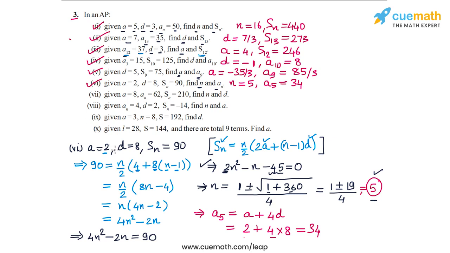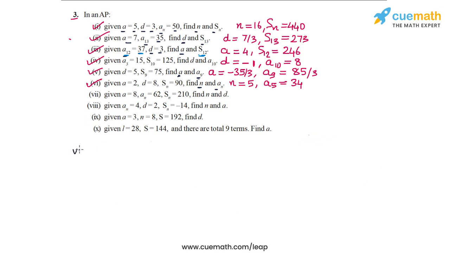Now let's go to part 7. In part 7, we are given a, the first term, is equal to 8. The nth term, an, is equal to 62, and the sum of these n terms is equal to 210. And we have to find n, and we have to find d.